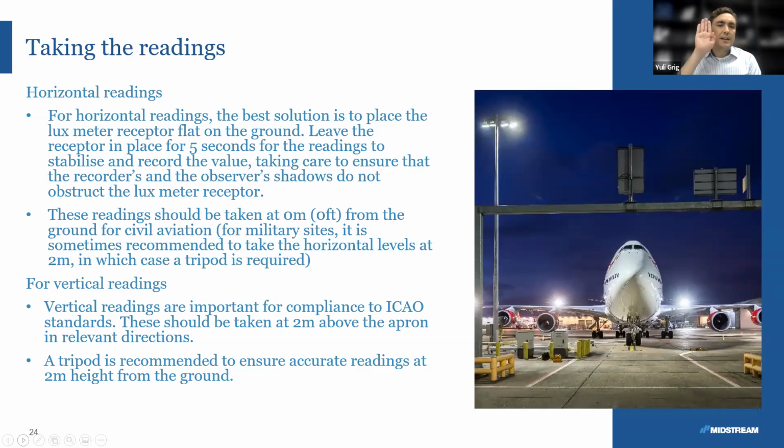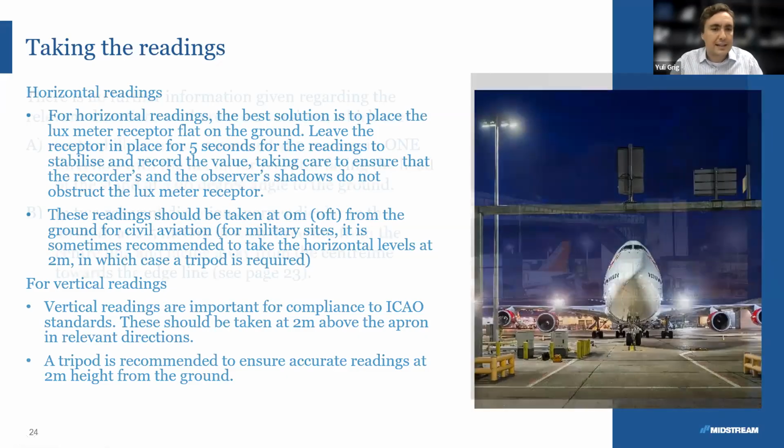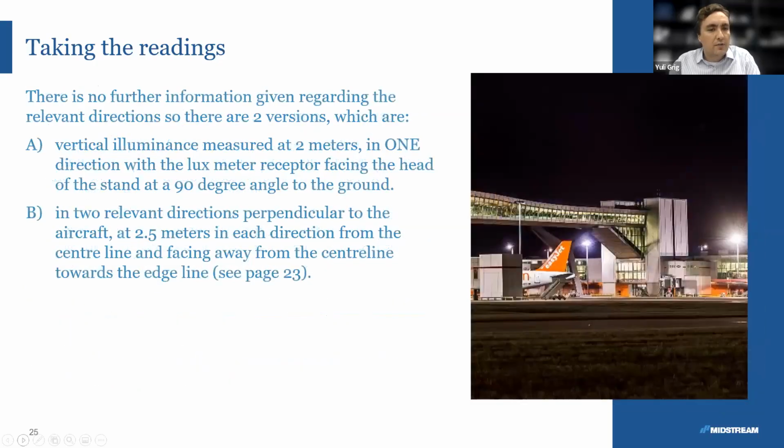So there are 2 ways to do this, and I think we talk about it on the next slide. Vertical readings: there are 2 versions to interpret the relevant directions. Version 1 is where we have one direction with the lux meter receptor facing the head of the stand. So that's a 90-degree angle to the ground.